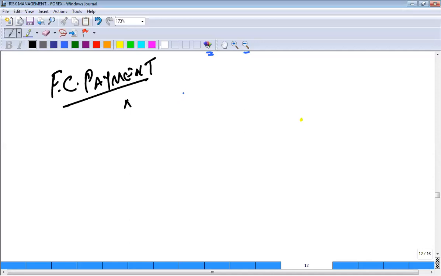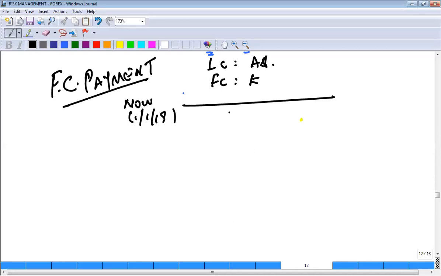For example, now is 1st January 2019. Our local currency is the Australian dollar, the foreign currency is sterling, and I need to make some payment in the foreign currency, sterling 1000, in 6 months time.